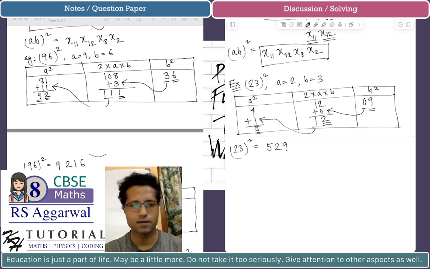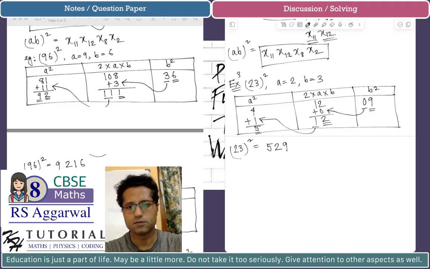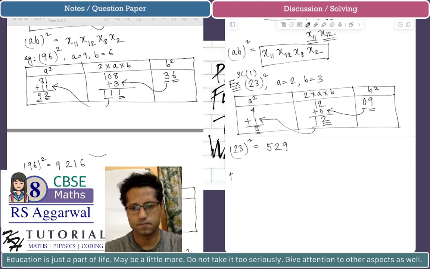Let me quickly check if 23 square is 529. This is fine, 529. So this was an example, problem number 1 from exercise 3C. Let's solve all the problems.